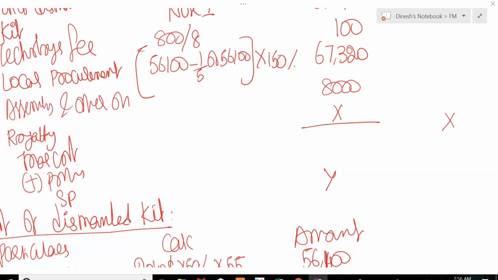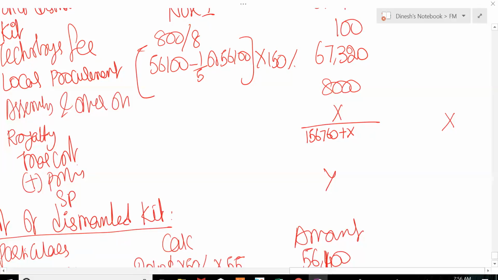How much is the total cost? And what's the profit margin they want? 20% on sales, 1 by 5 on sales, 1 by 4 on cost.